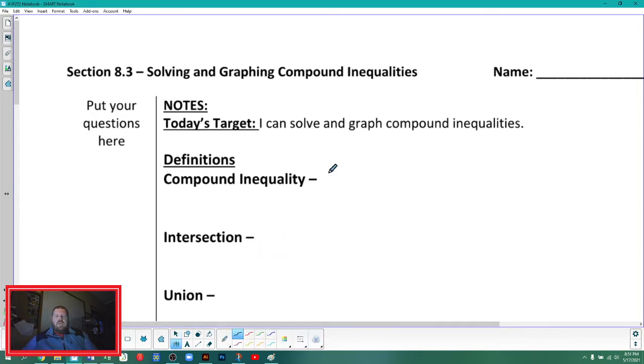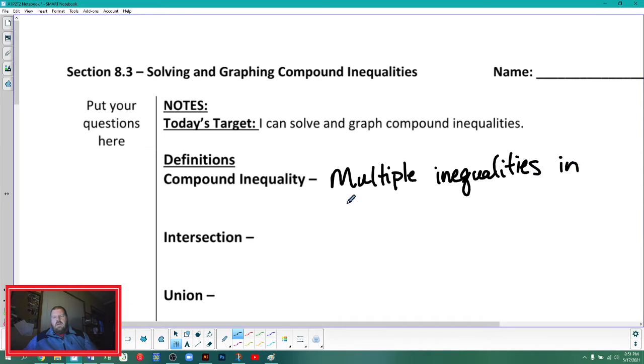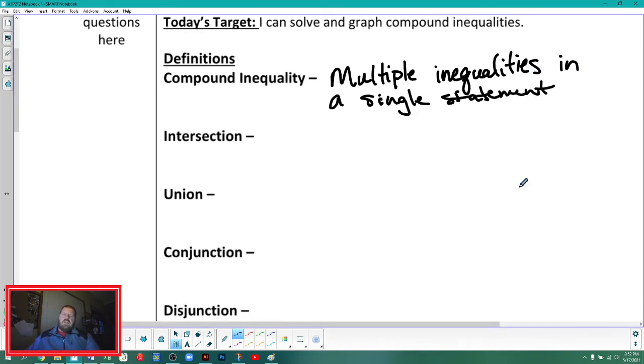Compound inequalities are defined as multiple inequalities in a single statement. So it's a process of combining multiple inequalities, typically just two that really matter, to form just one set of solutions.